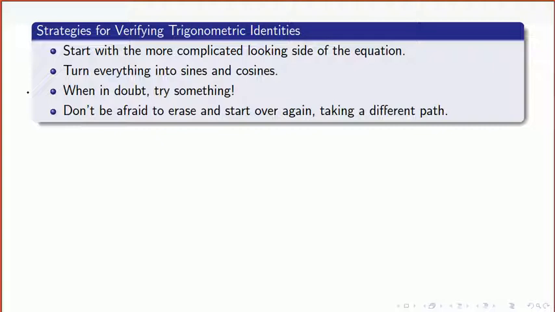Go back, erase the whole thing, start over again, and try something different. Try the same thing from the beginning, and maybe somewhere along the way you find either a mistake in your work or another path that you could take. It's not uncommon when you're first learning to verify trigonometric identities, or doing any sort of proof or verification, to run into a roadblock where you have to back up and try again.